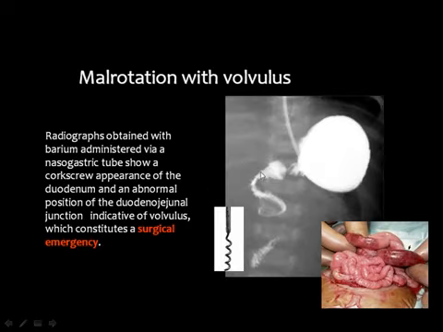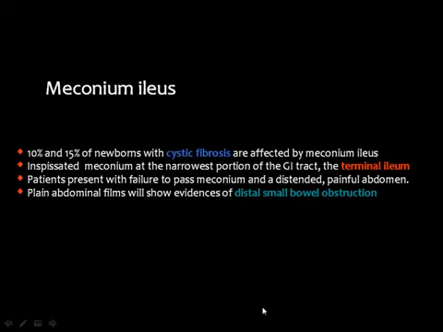And this is a classic appearance of malrotation with volvulus, where you can see the classic corkscrew appearance of the proximal intestinal loops.